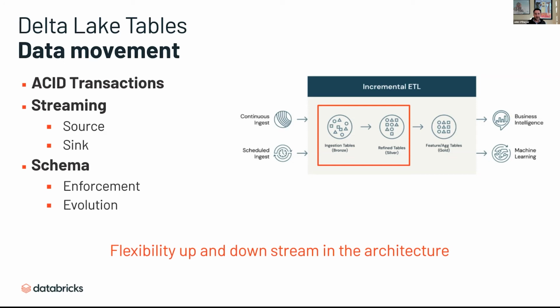What I mean by that is, let's say you have a bronze table that has 5 columns, and your ingest is given a 6th column that is outside of the initial schema. You can determine if you want to enforce that schema and what you want to do with that new column.